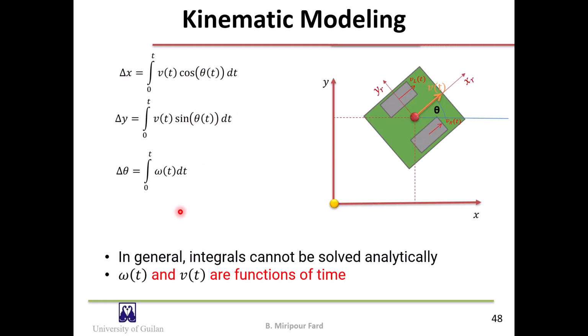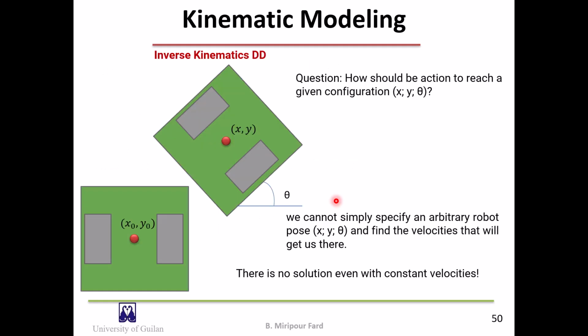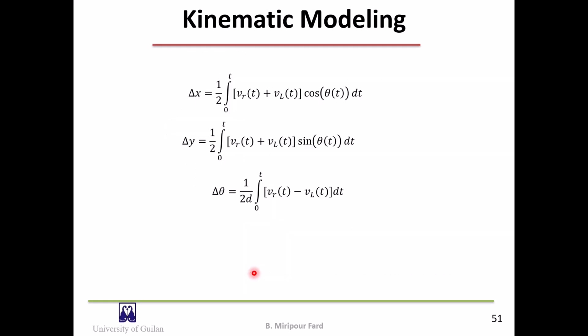In these equations, you can see this fact. There is also no solution even with constant velocities in some cases, for example, for sideways motion. However, we know that it's possible to reach anywhere on the plane by some maneuvers similar to parallel parking.